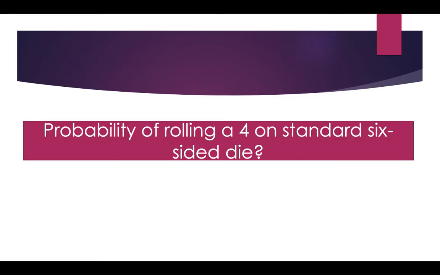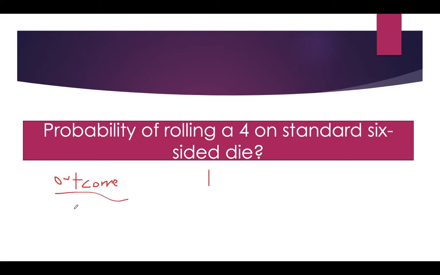So if we want to think about what is the probability of rolling a 4 on a standard 6-sided die, well, when I say standard, I mean it's not weighted or anything like that. So if I want to know the probability of rolling a 4, I need to think about the outcome that I'm looking for. So how many different ways are there to roll a 4? There's only one way.